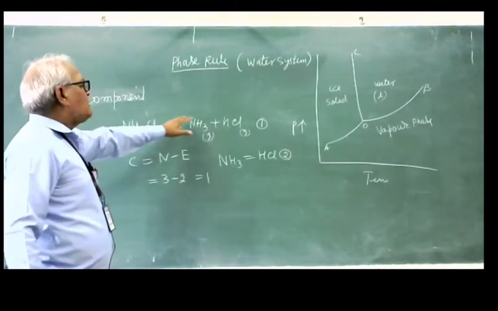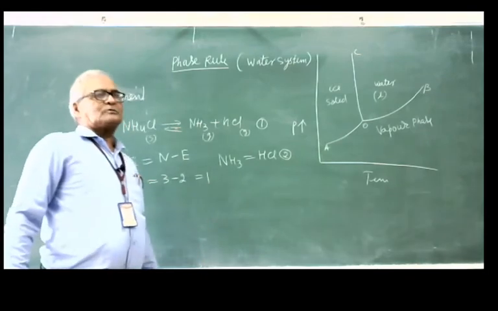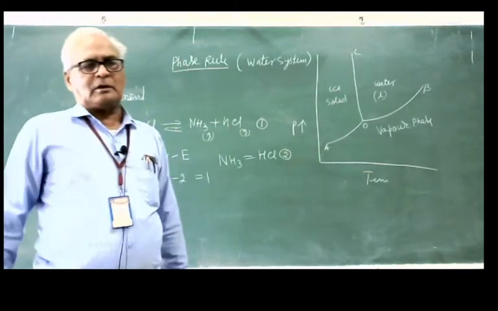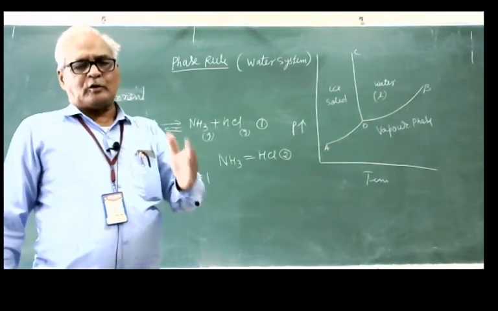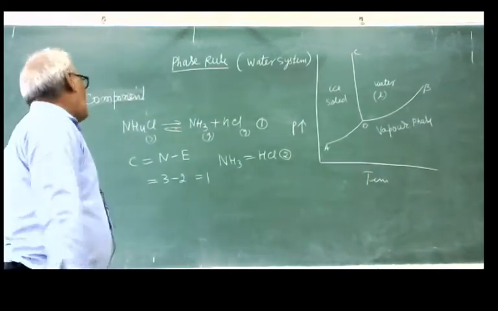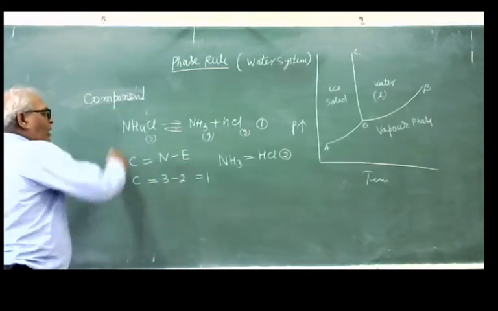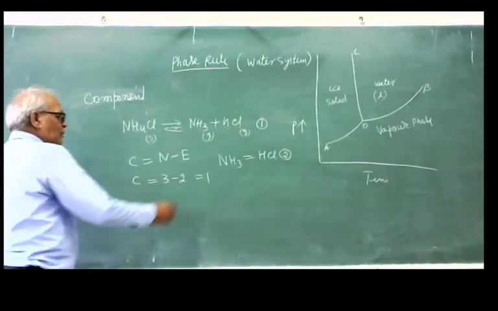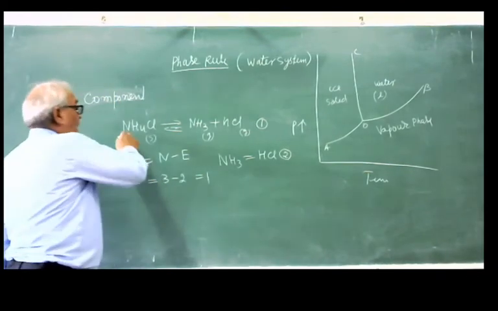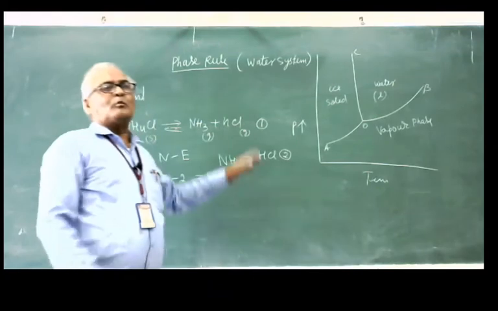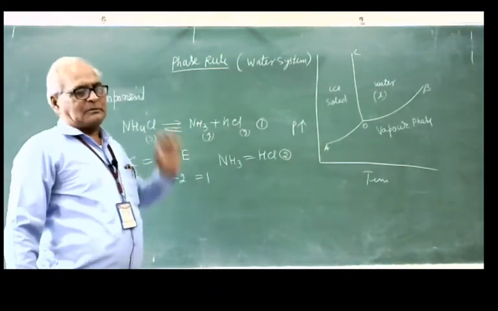So when ammonia and HCl are in equal amounts at equilibrium, the component of the system will be 1. In this case, it is a monocomponent system.